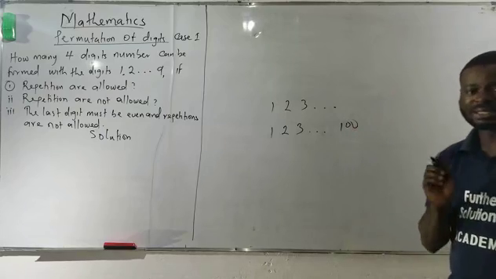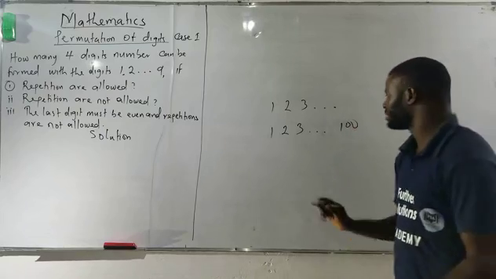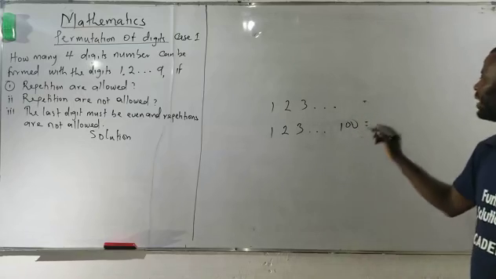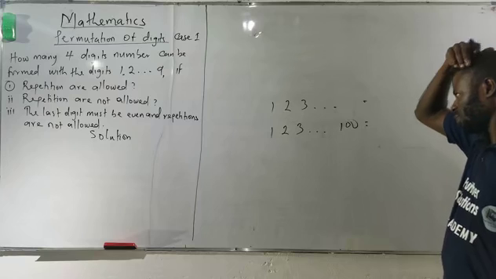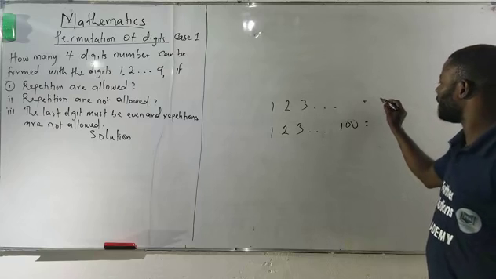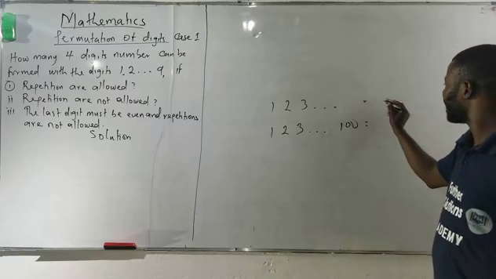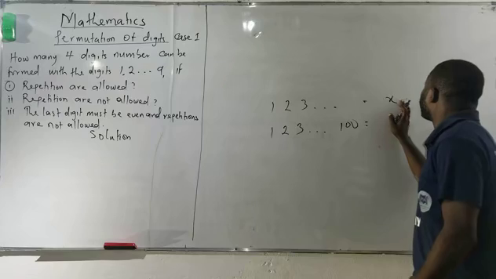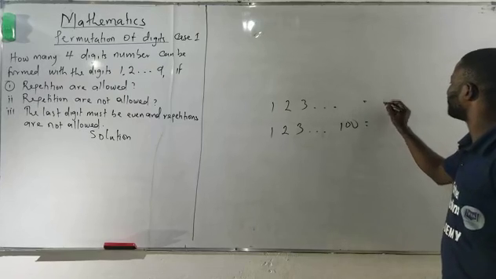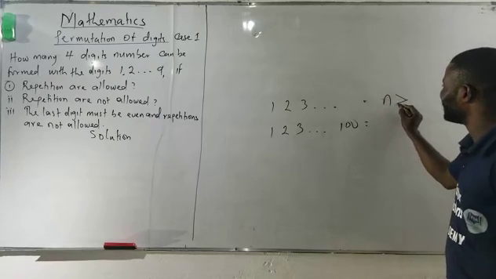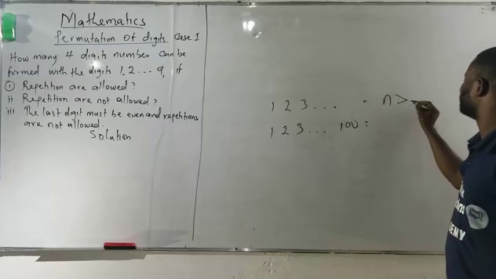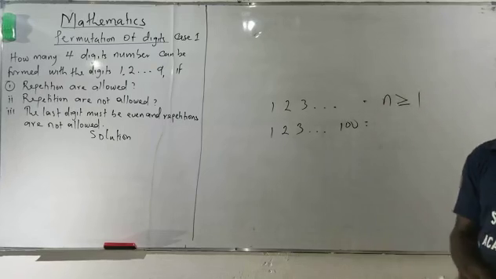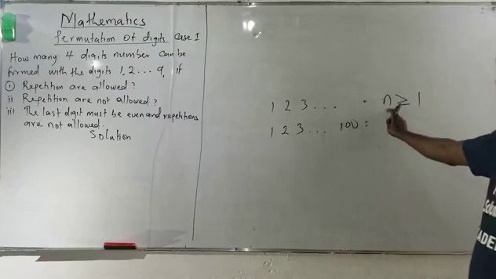If I want to write it mathematically, you can write it this way: my number n is greater than or equal to 1. That is the statement of numbers here.